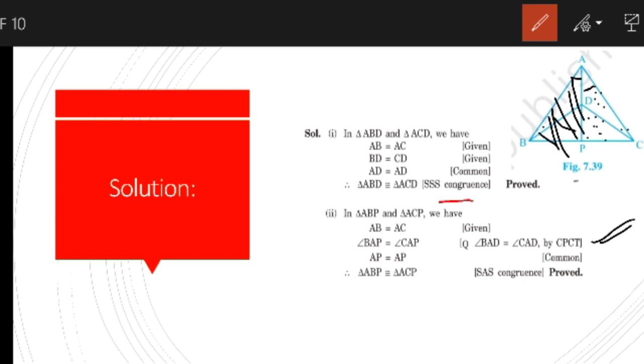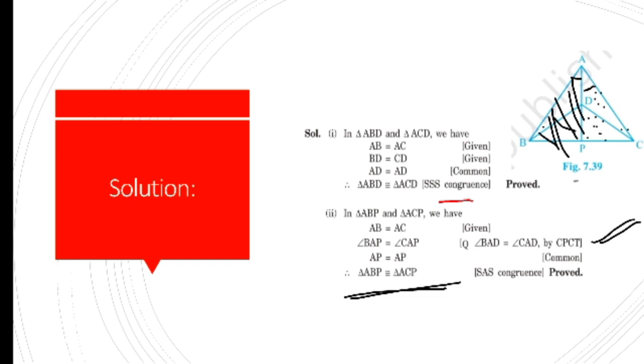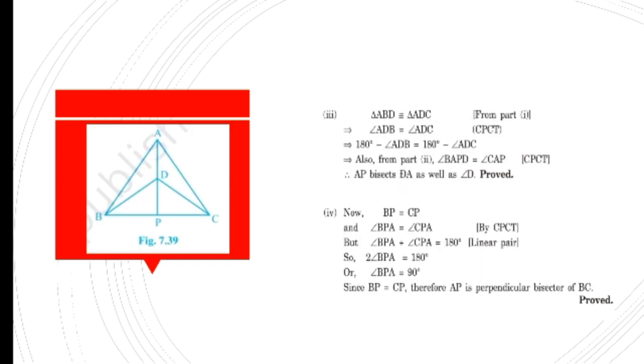The reason is this one, BAD is equal to CAD by CPCT. From the previous proof we can get that, and AP is the common side. So by side angle side congruence rule we can say triangle ABP and triangle ACP are congruent to each other. Now the third and fourth one.